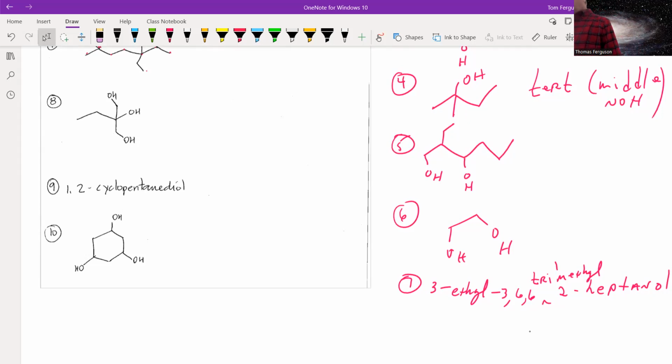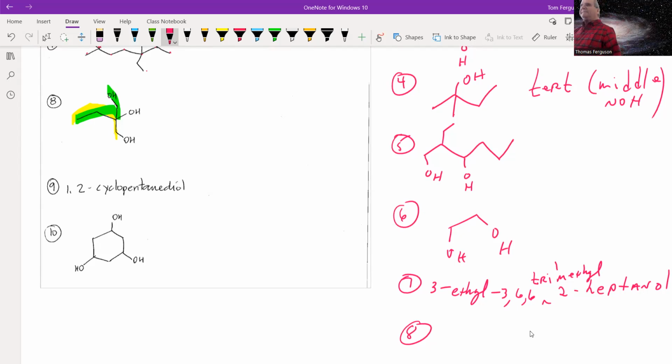Now, number 8 is kind of goofy. That's one backbone. That's another backbone. Both the same length, so it doesn't matter whether it's yellow or green. So let's use the green one. 1, 2, 3, 4.